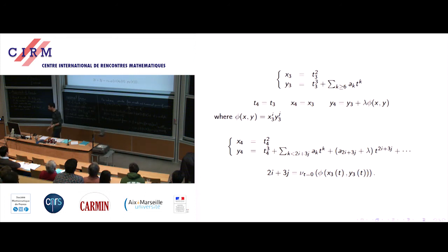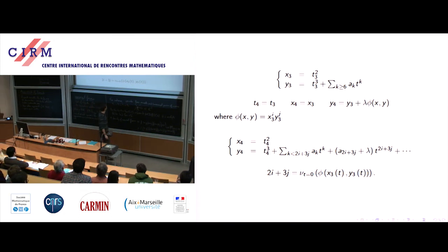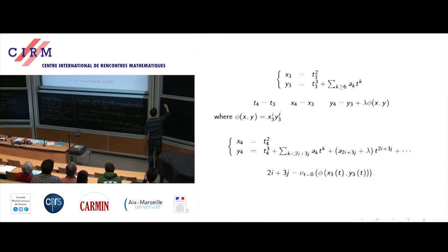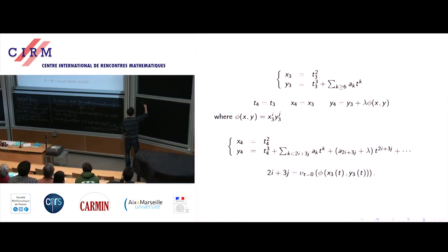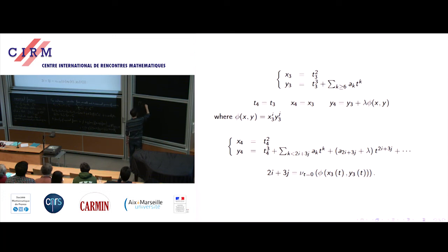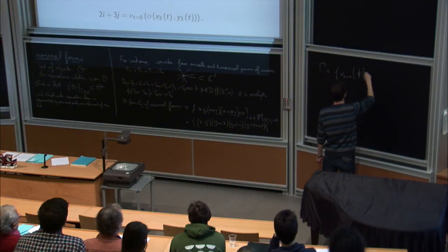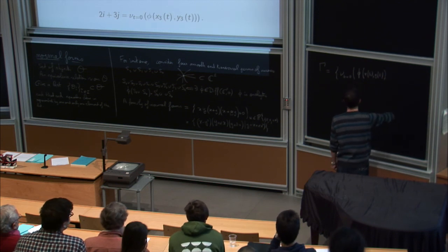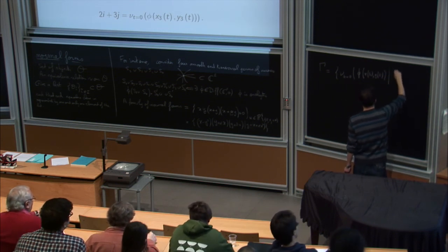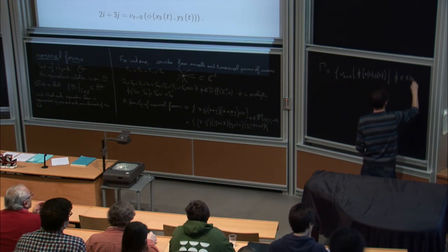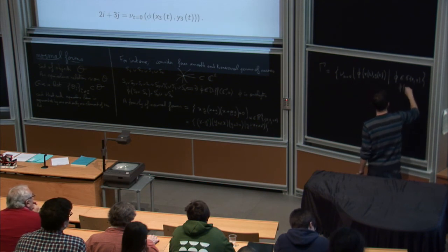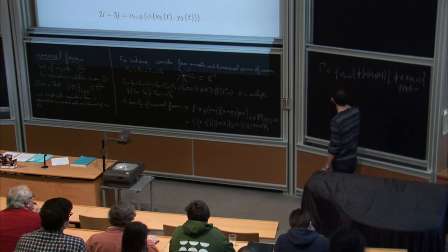And actually, precisely this set you can obtain here. If you look at gamma, which is the set of valuations at t equal to 0 of phi of xt, yt, such that phi belongs to the set of vanishing series, then gamma is a semi-group.